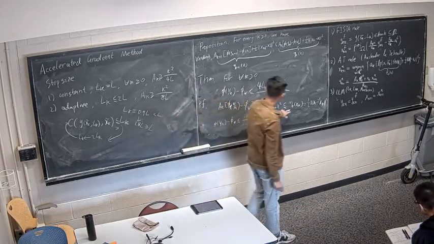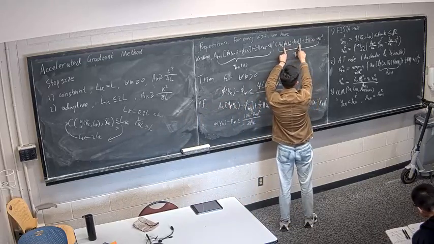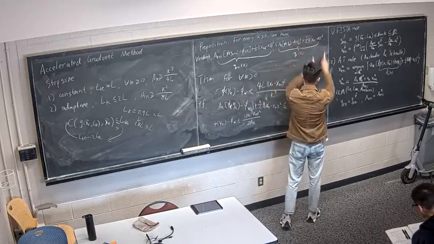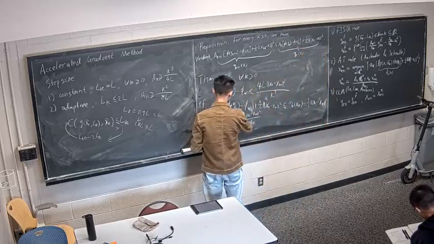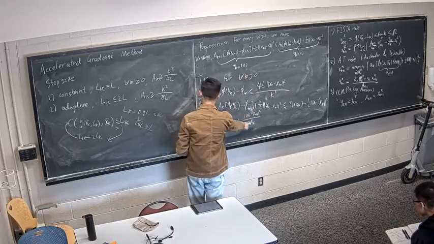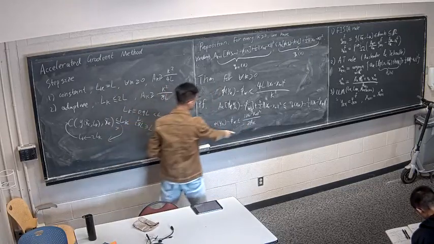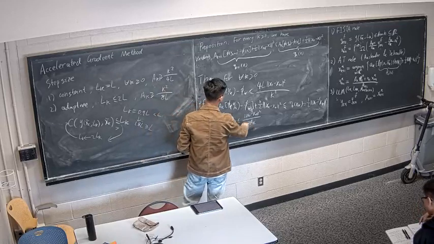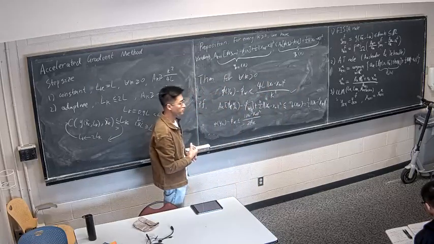Because A0 is 0, the phi y0 minus phi star term goes away. What's left is just the distance term. And divide everything by AK, you get this upper bound on the function value gap. And because AK is on this order, this is the lower bound, right? Plug in this value on AK, and you can show this upper bound on the function value gap.